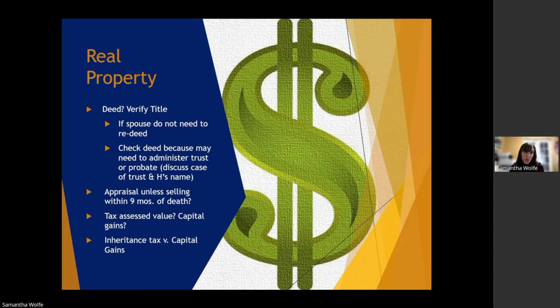With real estate, with real property, you want to make sure that you're either appraising it or you're using the tax assessed value times the common level ratio factor. So you don't have to get the real estate appraised. The reason that people do get it appraised is because the basis is set at the time someone passes away. If a decedent died and they owned real estate, whatever the value is when that person died is the basis for the beneficiary.